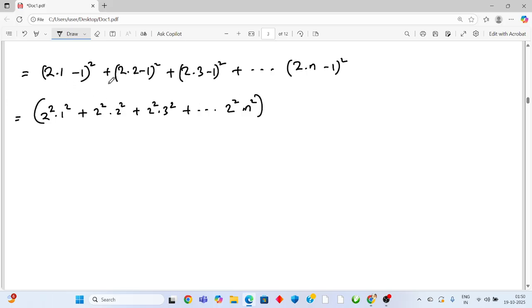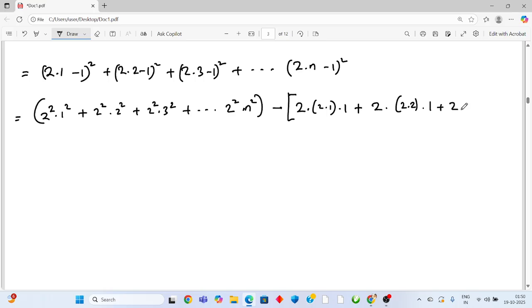Now the second term in each bracket will be a minus term, right? So if I take minus common, the first term from the first bracket will be 2 into a. A is 2, so 2 into 2 into 1 into 1. Similarly, the second term in the second bracket would be 2 into 2 into 2 into 1.